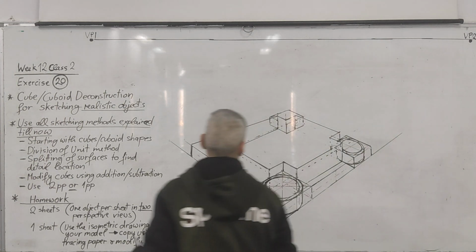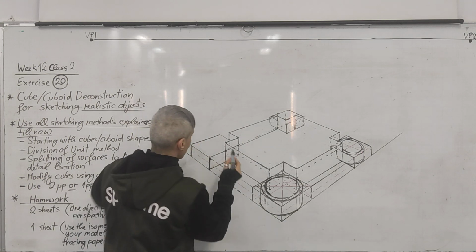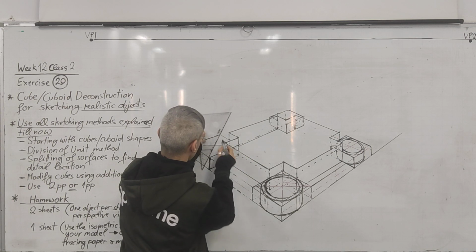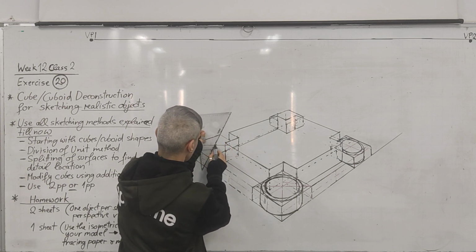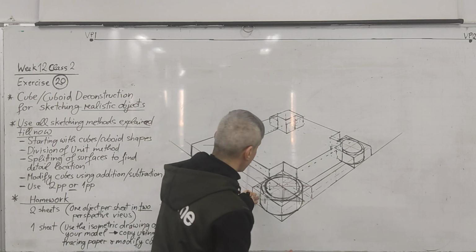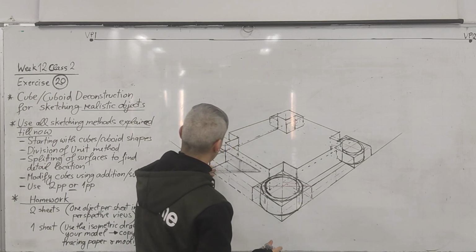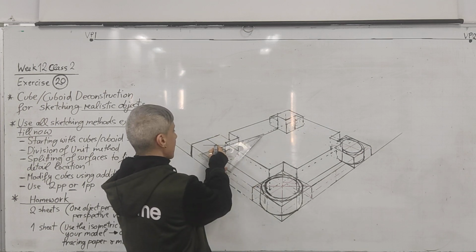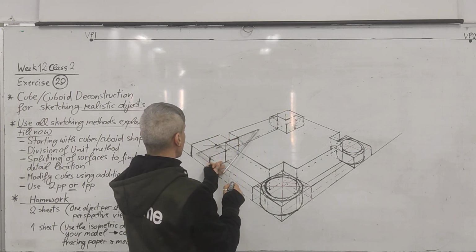Now, here we will do the same thing. Diagonal, diagonal, center point, here. Then from this point, now we already did it once here, we don't have to do it a second time. And through the center point to the other vanishing point.